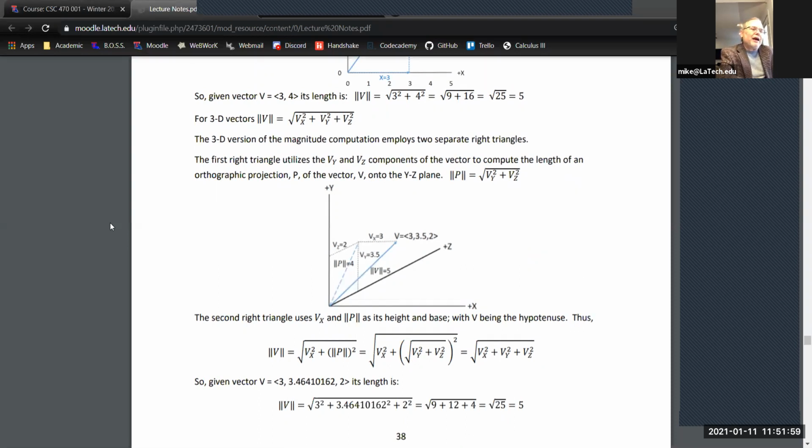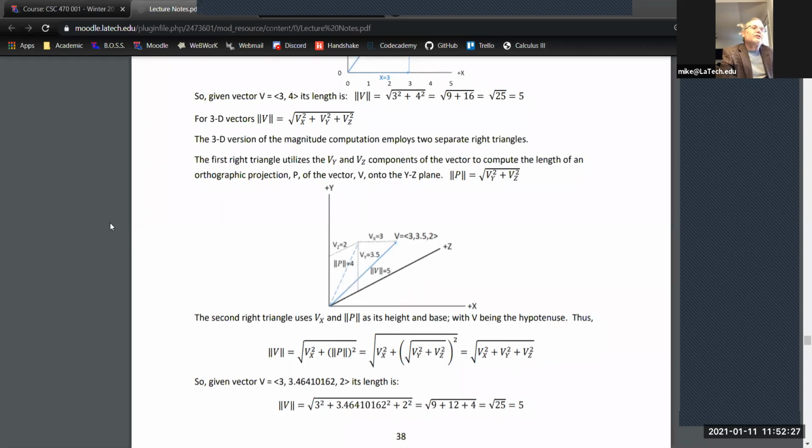I run through the math there, but essentially the length of a three-dimensional vector is: take your x component, square it, take your y component, square it, take your z component, square it, add those three things together, then take the square root of it. And that'll give you the magnitude, the length.